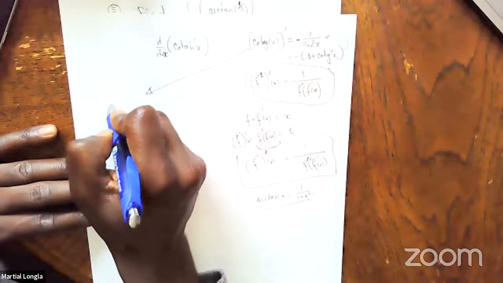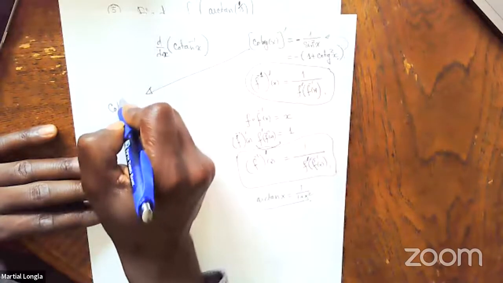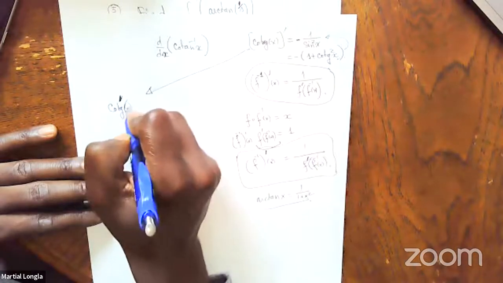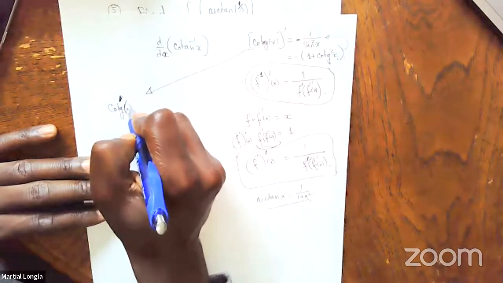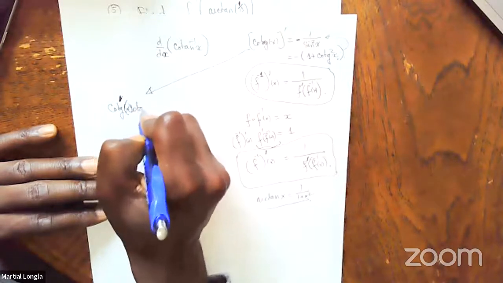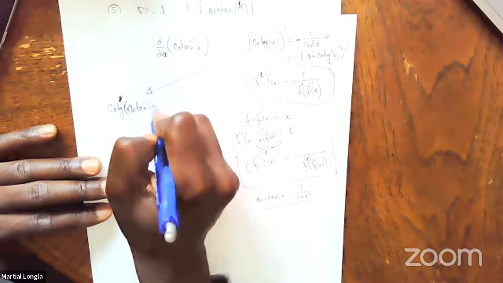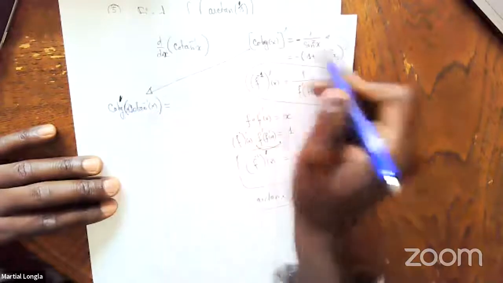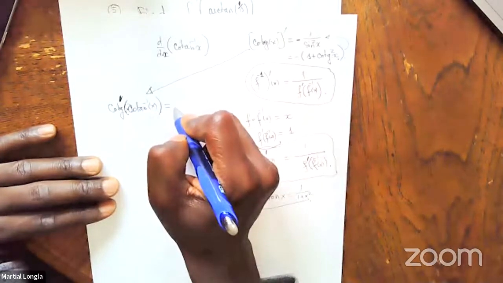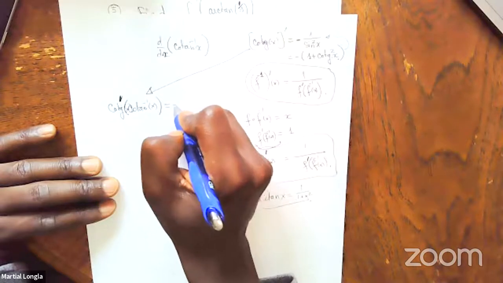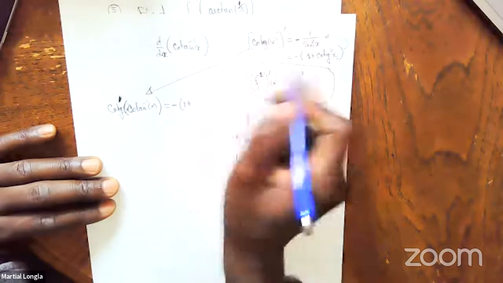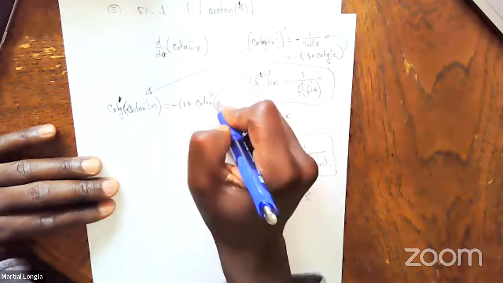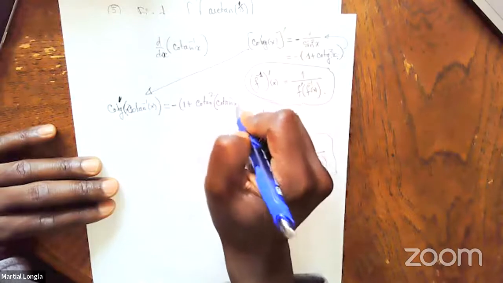So that's going to be cotangent prime of cotangent minus 1 of x, and the derivative of cotangent is that, minus 1 plus cotangent squared of whatever is in here, cotangent minus 1 of x.